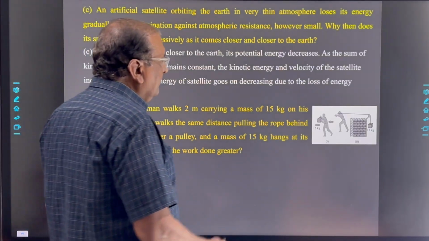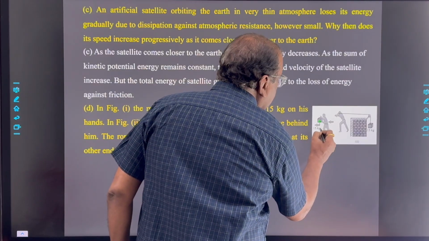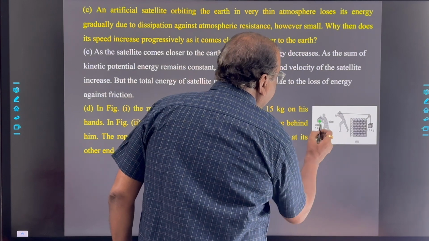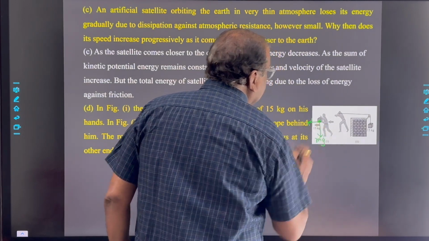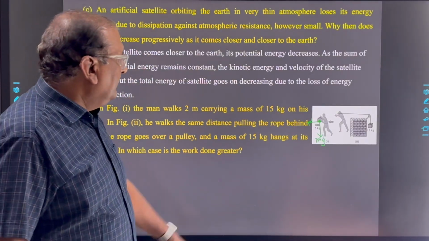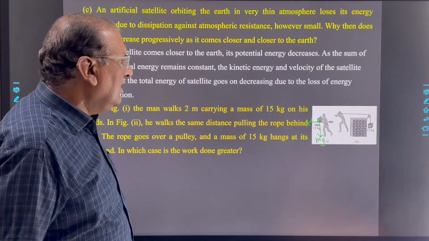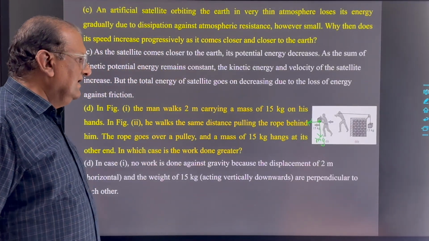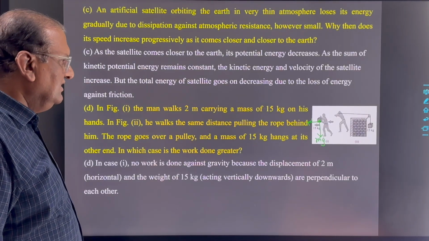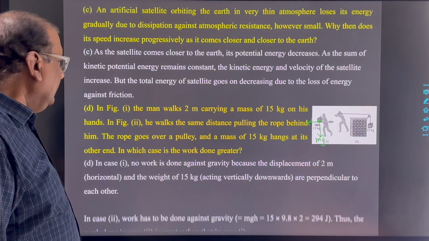Now see here, in this first case, the weight mg is vertical and the displacement is in the horizontal direction. So force and displacement are mutually perpendicular. So in the first case, the work done will be equal to 0. Clear?